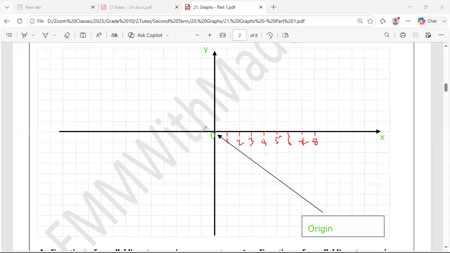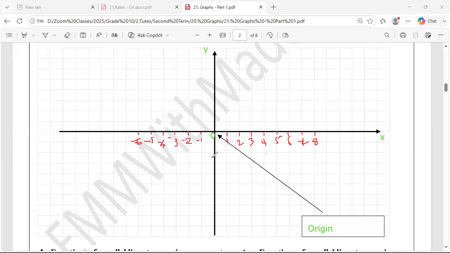So on this side you have negative values. Negative 1, negative 2, negative 3, negative 4, negative 5, negative 6. I am writing them roughly.